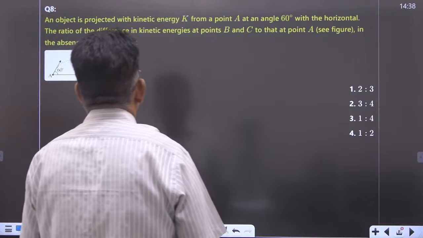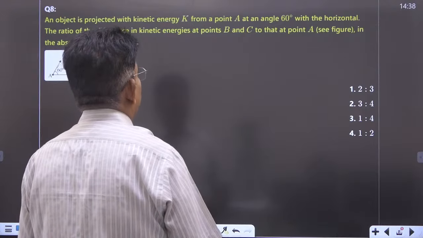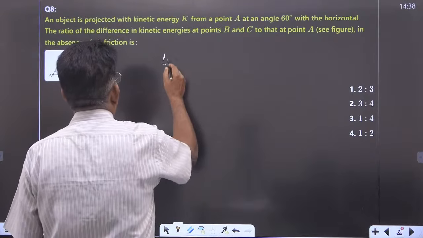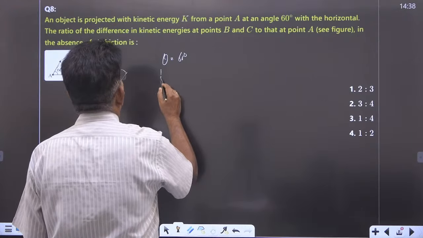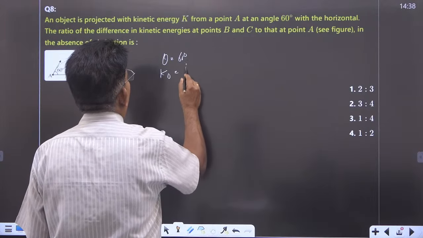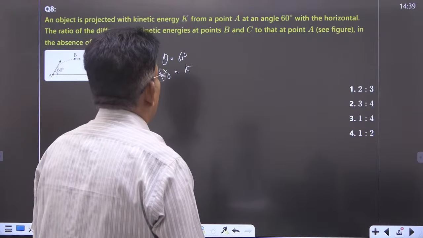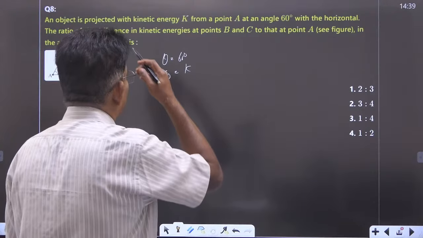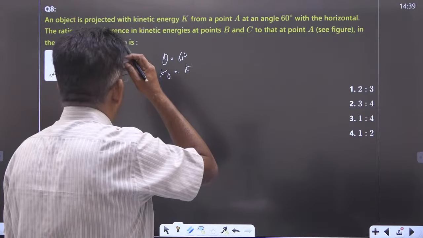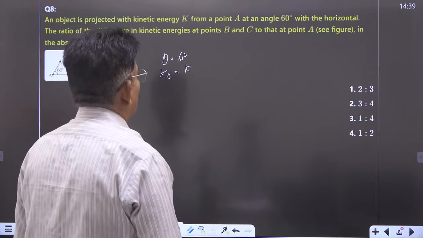Now, an object is projected with kinetic energy K from A at an angle of 60 degrees. The angle of projection is 60 degrees. Kinetic energy of projection is K0, that is the initial moment, K0 we call. And we have to calculate the ratio of the difference in kinetic energies at points B and C. B is at the topmost point, C is at the bottommost point.